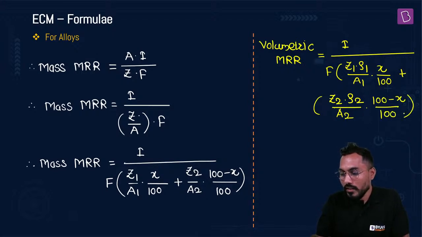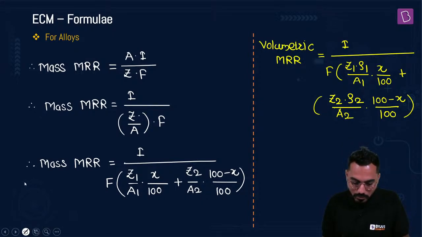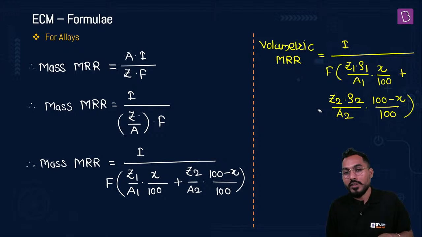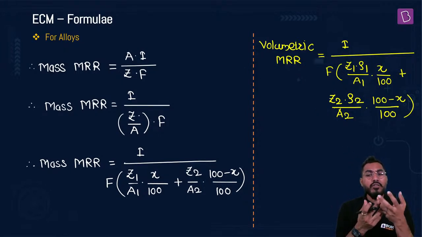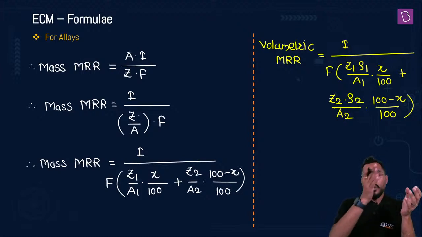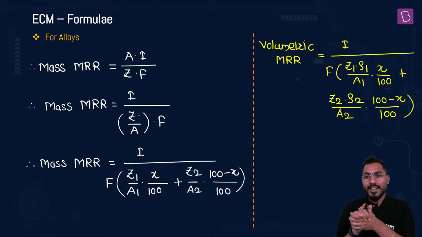This is a complete bracket. So if density is also given for volumetric MRR, density is used individually for each material. As simple as that.